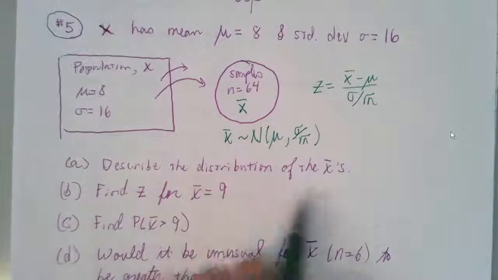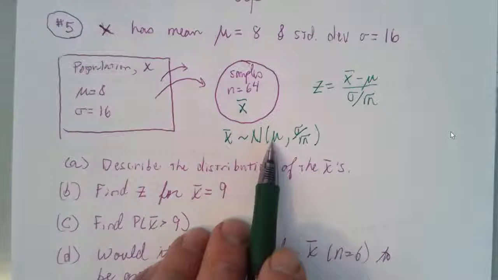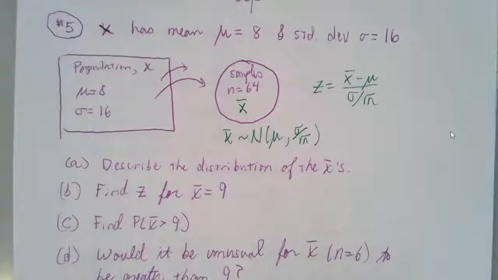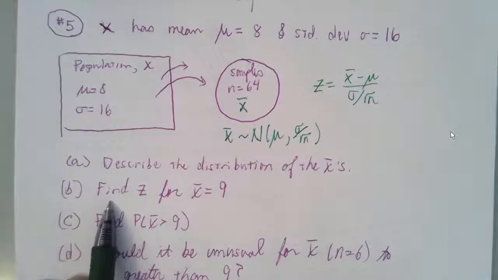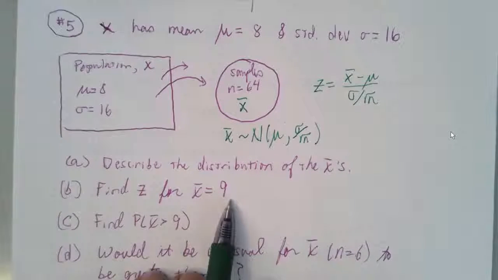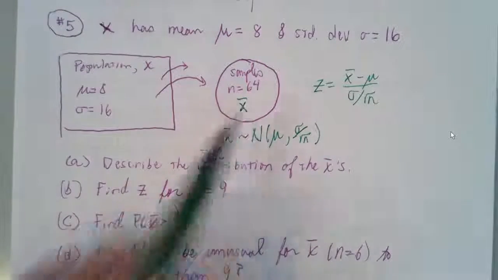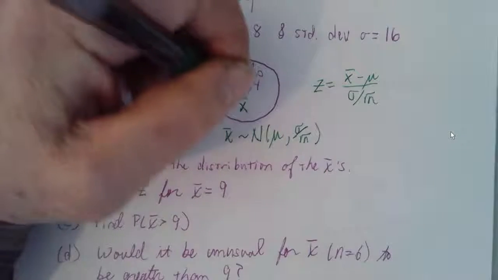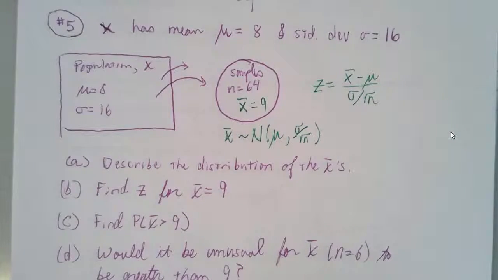So describing the distribution of the x bars, they'd be approximately normal, with a mean of mu and a standard deviation of sigma over root n. Secondly, we're asked to find a z-score that corresponds to a sample mean of 9. So the idea is we take out a particular sample, we compute the mean of this sample, and suppose that turned out to be 9.